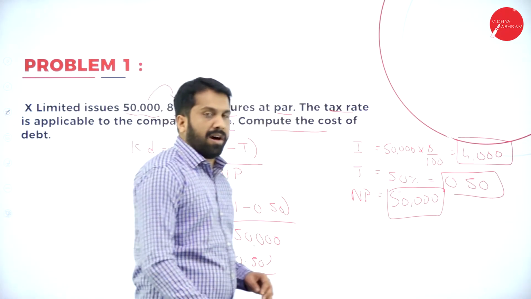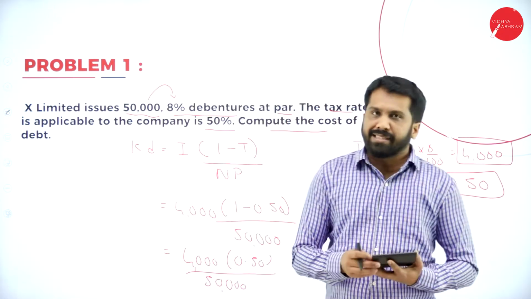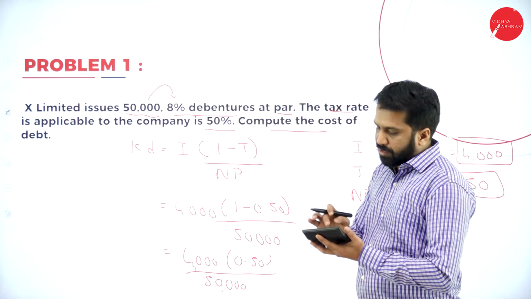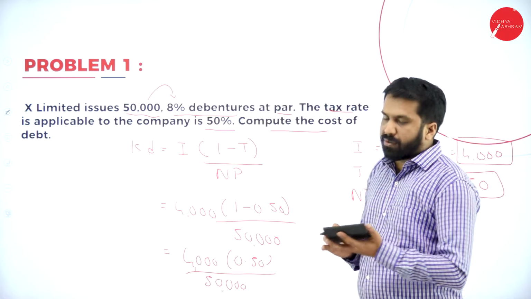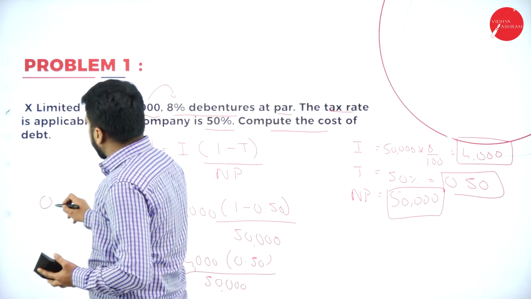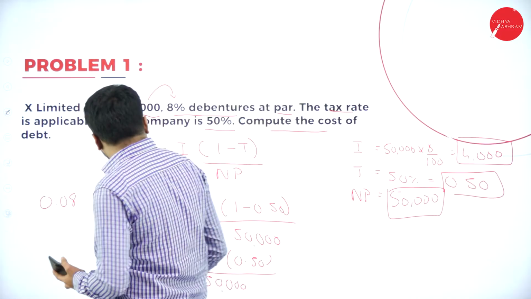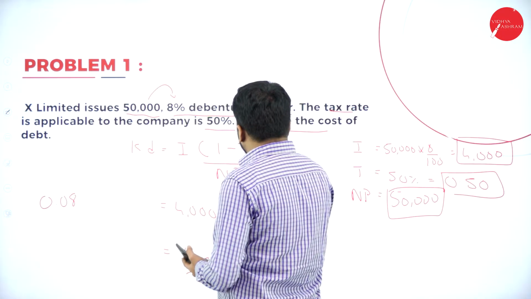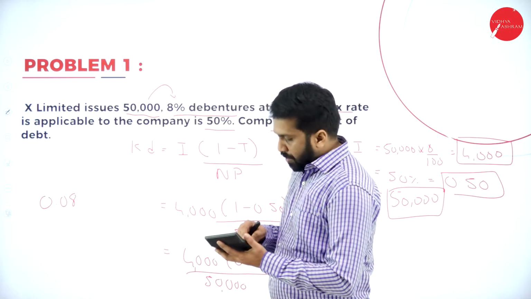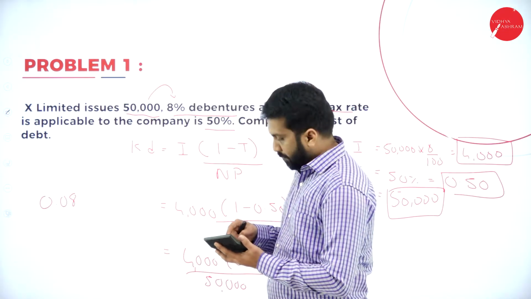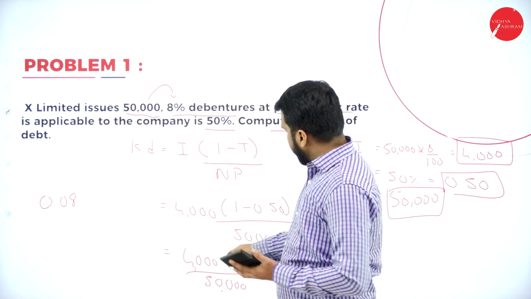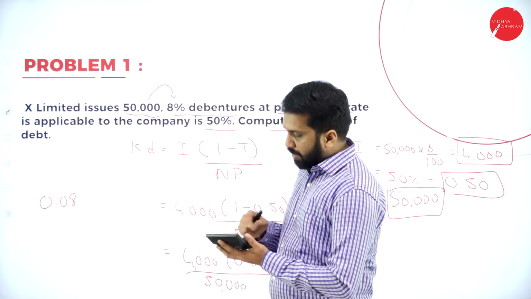If you do it after multiplication also, you will get the same answer. Now, 4,000 divided by 50,000, you will get 0.08. I'll continue here. 0.08 into 0.50. So it will be how much?